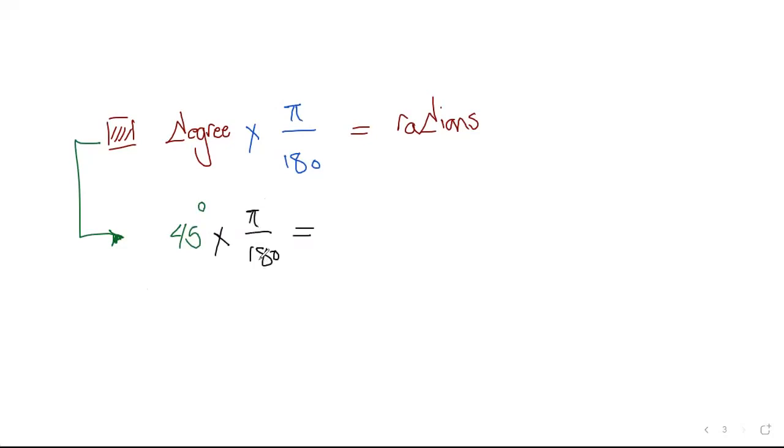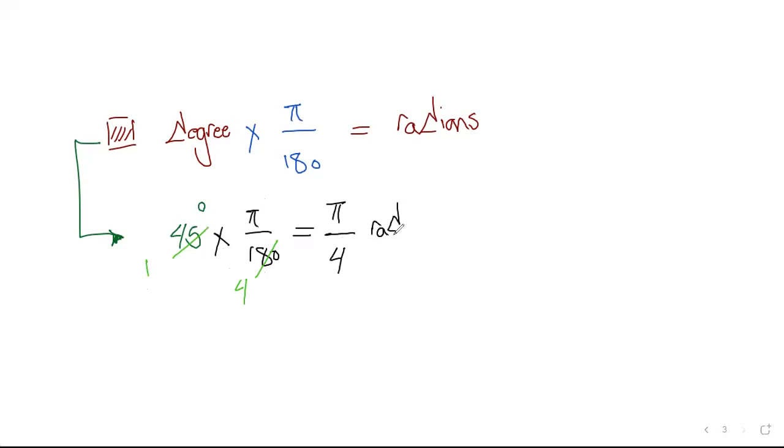We see that 45 is a common factor between 45 and 180. If I simplify by 45, this becomes 1 and this one becomes 4. Then 45 degrees is equal to pi over 4 radians.